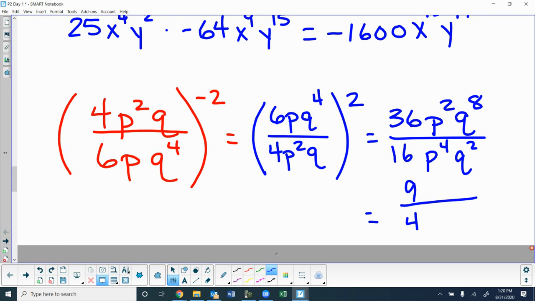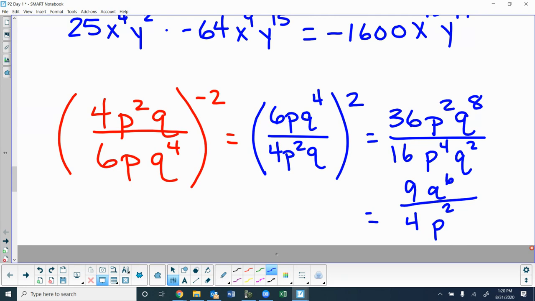Now, here's what I do. I look for the higher exponent. Where's the higher exponent for the p's? Bottom. So the p goes in the bottom. What do I do with those exponents? Subtract, 4 minus 2. The q's, where's the higher exponent? Top. So the q, I write in the top and then subtract, 6.